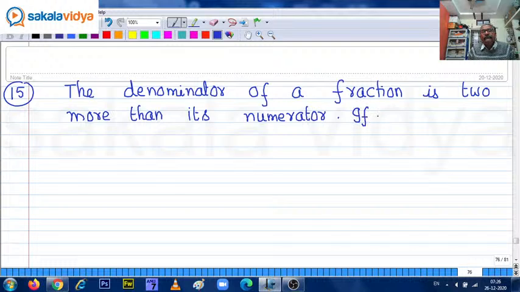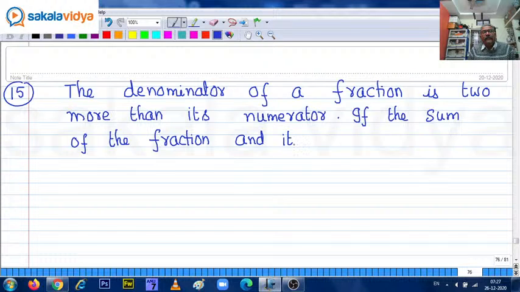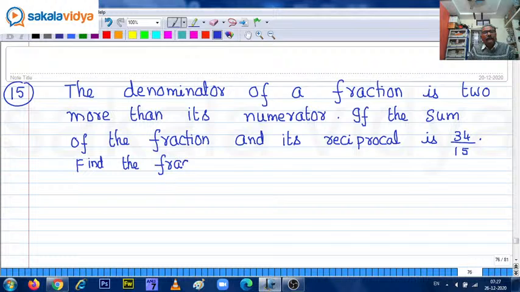If the sum of the fraction and its reciprocal is 34 upon 15, find the fraction. Okay, are you able to solve this problem?